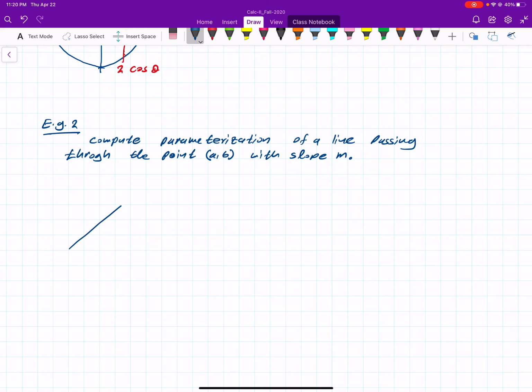Let me draw this line, and it should be passing through the point (a, b), and the slope is just m.